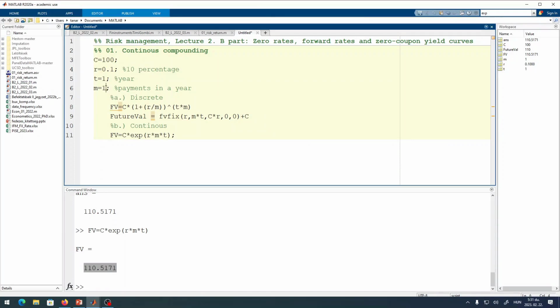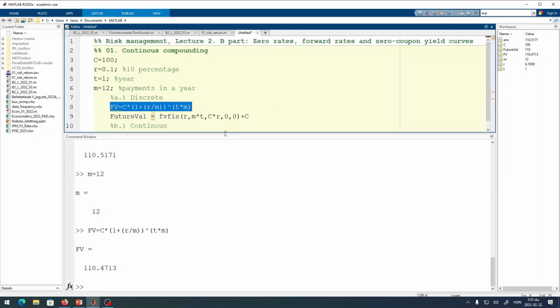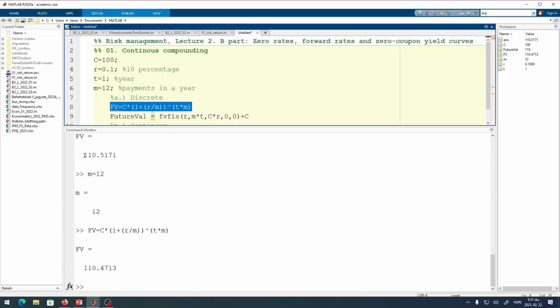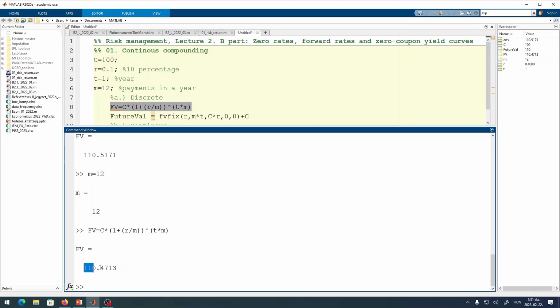So what is happening if we are providing not just one payment in a year, but 12 payments in a year? In this case, the continuous payment and the discrete payment will be closer and closer to each other.